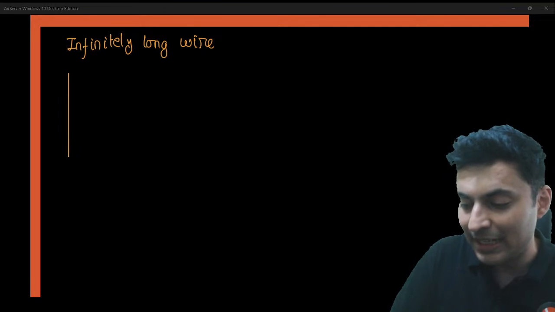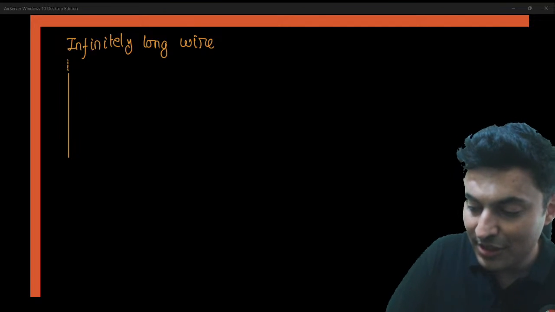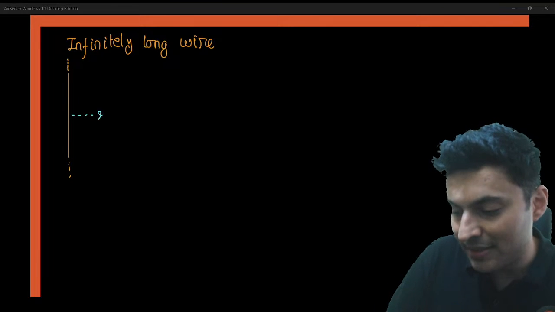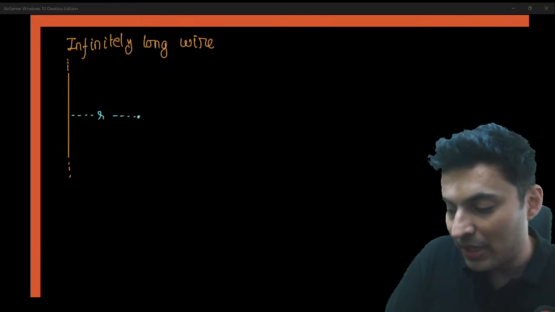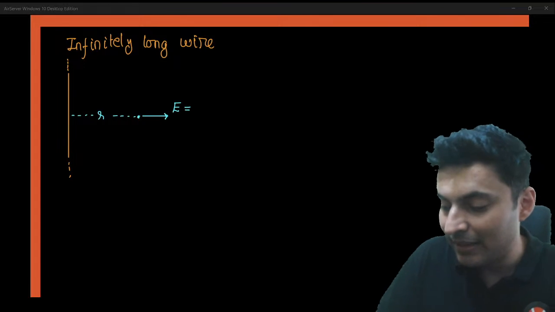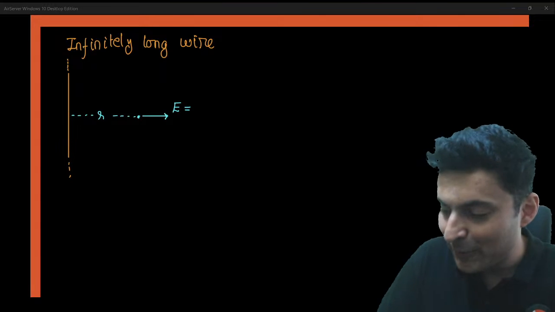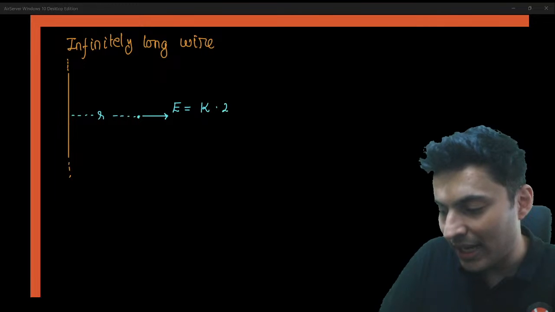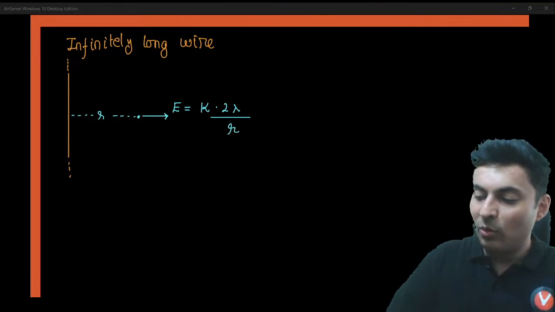If you are at some distance away from it and you measure the electric field, the field formula is given by K times 2 lambda divided by R. What is this lambda?